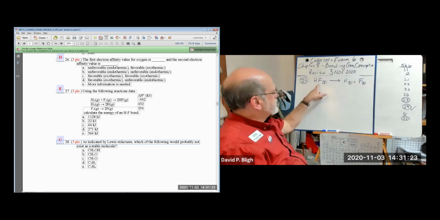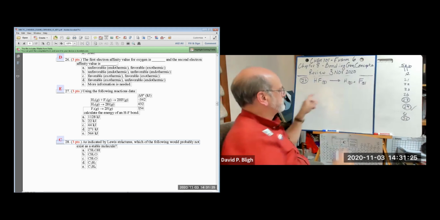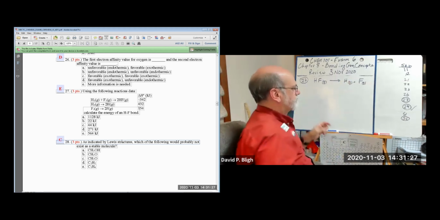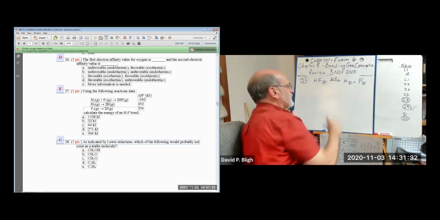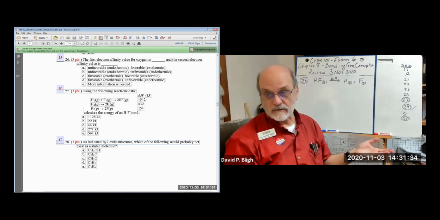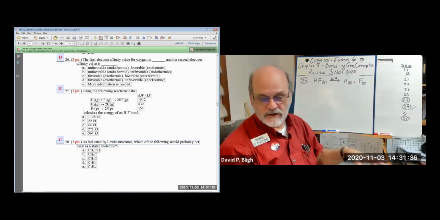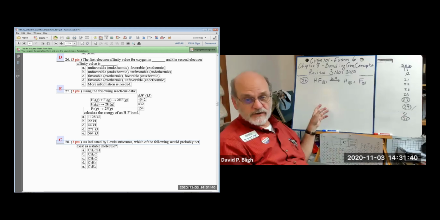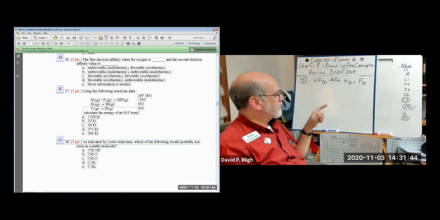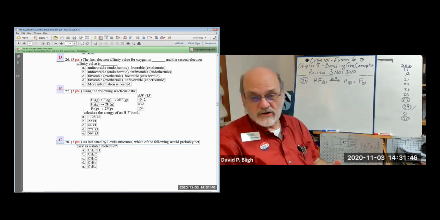How much energy is required to break that bond? So that's what we're looking for, which means it's going to be a positive value. We have to pump in the energy to break the bond. So this is a case also of using Hess's law to solve that problem with the given information.